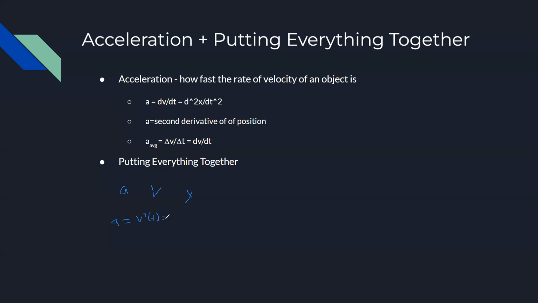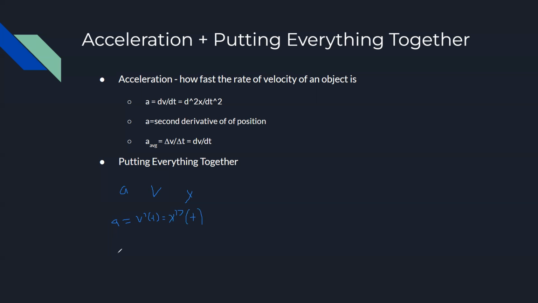And v of t is the derivative of position. So A would be the second derivative of position. So basically you just find the second derivative of a graph or an equation to find the acceleration, or the first derivative to find the velocity. But what if you have to find the velocity from acceleration?